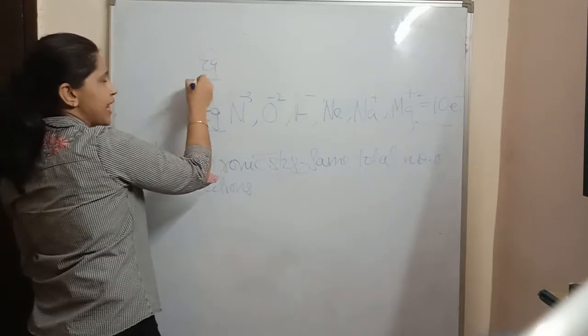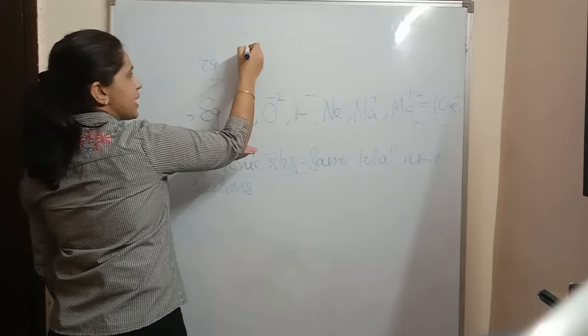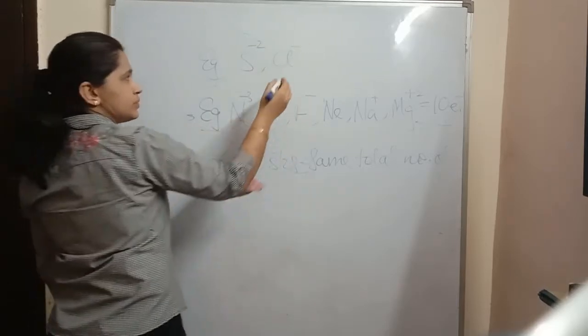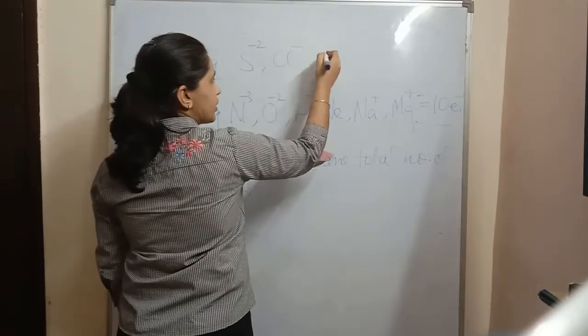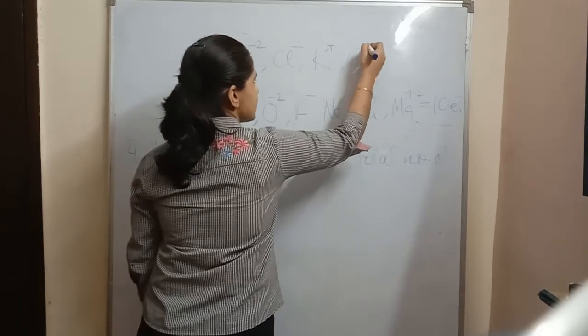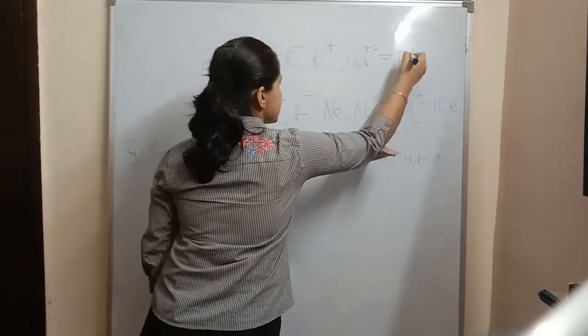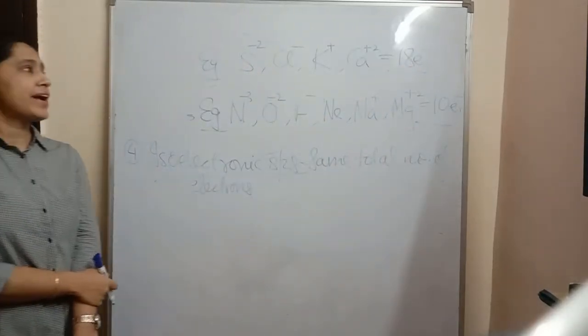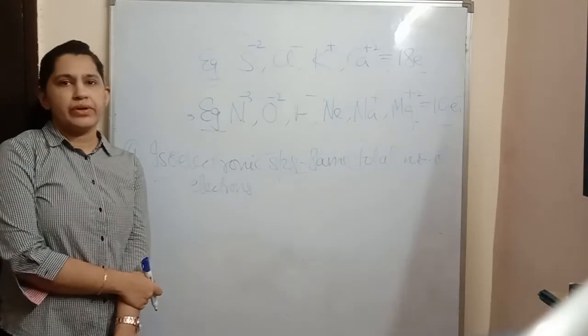Of course, you can have S-2, Cl-, K+, K for potassium, Ca+2, all have how many electrons? 18 electrons. So again they are isoelectronic, right?